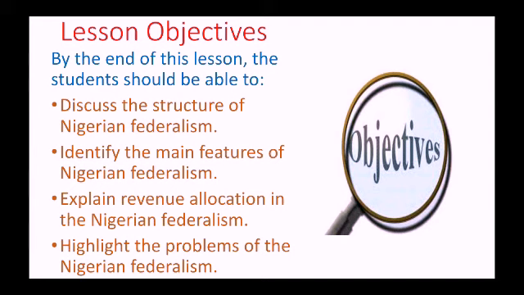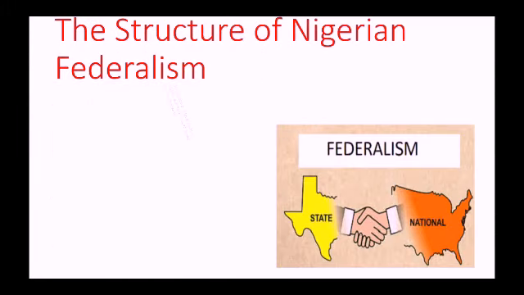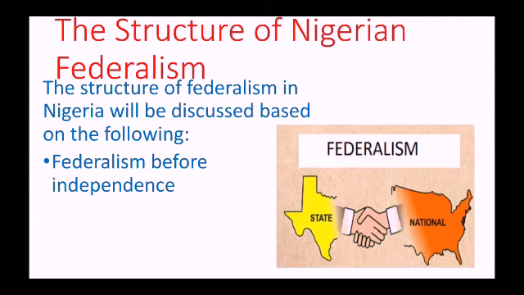So let's look at the structure of Nigerian federalism, how Nigerian federalism has been structured even before independence. The structure of Nigerian federalism can be discussed under the following. 1. We can discuss it under federalism before independence.